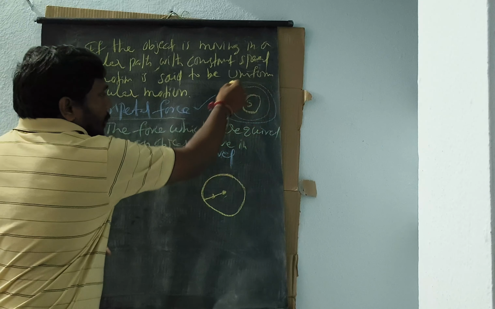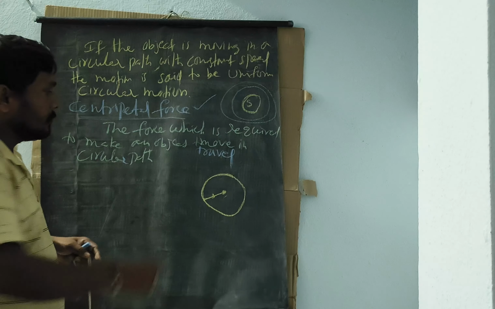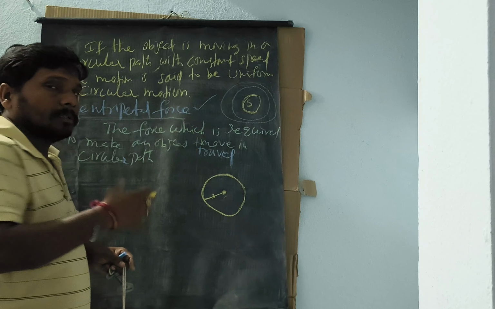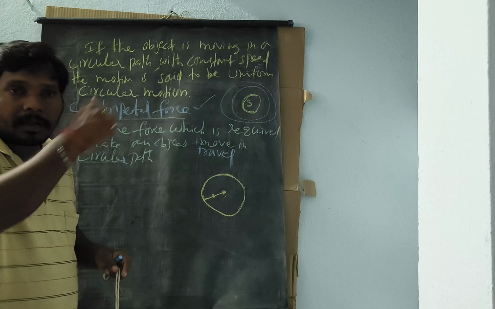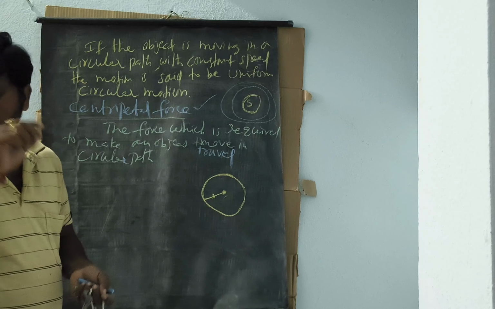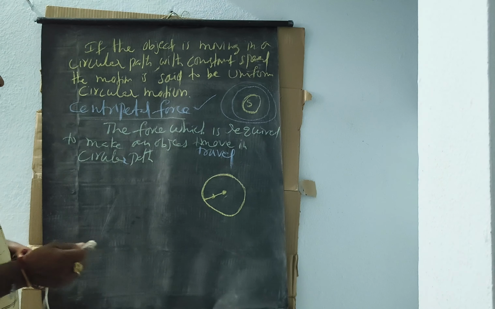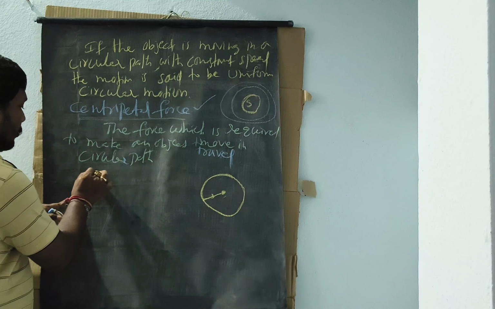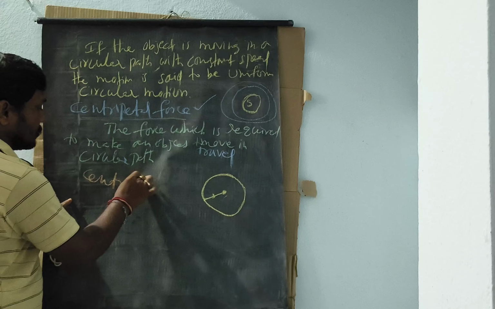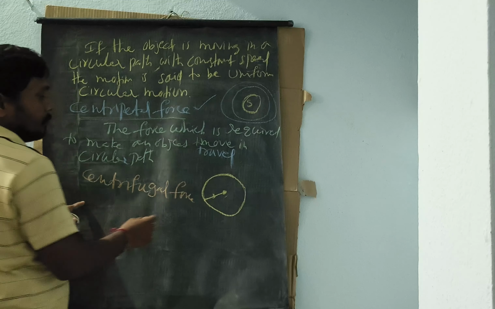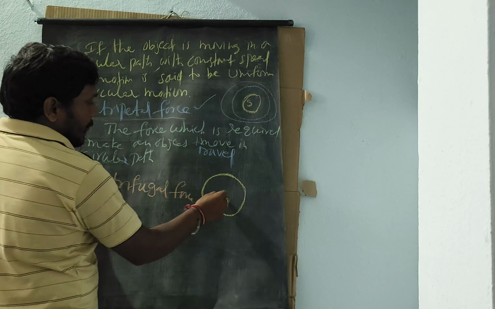So the planets are revolving around the sun because of centripetal force. If the centripetal force acts towards the center, why don't these planets move towards the sun? Because there is another force also acting. That force we call centrifugal force. Centrifugal force acts outward from the center.